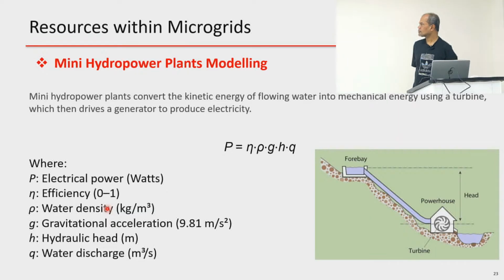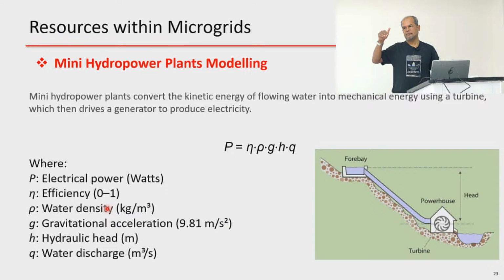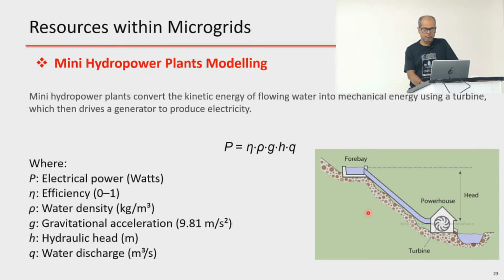In many cases, in the microgrid we do have mini hydro, mainly in areas where you have the possibility to have a lake or anything like that, where you can store water, and also there is some water flow. So if you have, let's say, a dam like this here, you probably know how a hydro generator works.